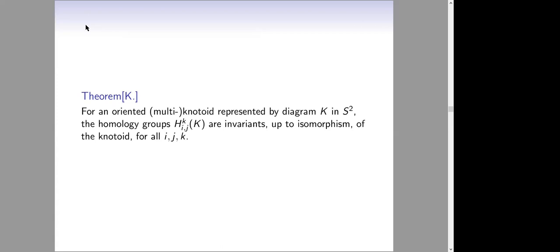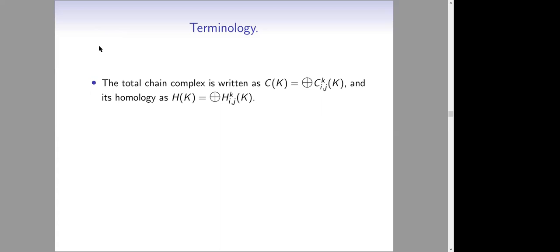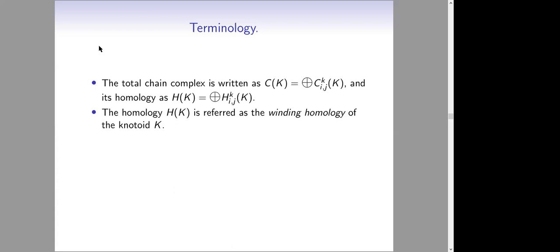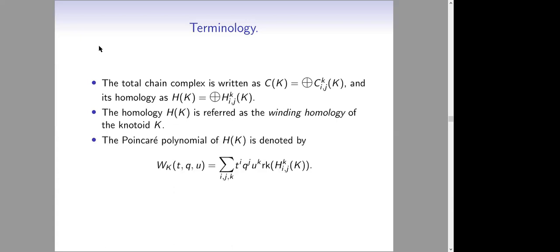Now let me show you some, before actually I explain the properties, let me give you a few terminology. So C is the total chain complex, the sum of all these chain groups, and H is the total homology, the sum of the homology groups, and H(K) is called the winding homology of knotoid K. And I'm going to write the Poincare polynomial as W, and it is basically this.